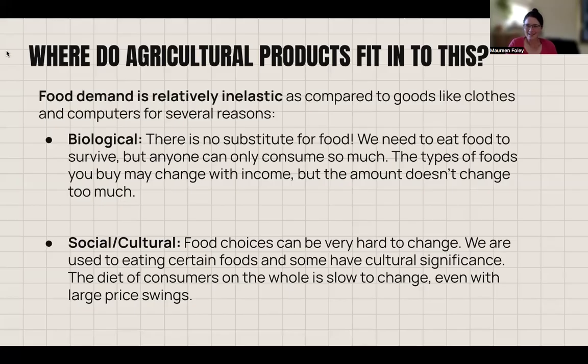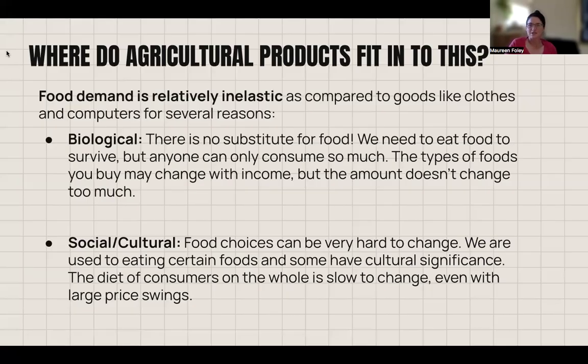It's not an easy thing to change your food choices. We're used to eating certain foods. Some have cultural significance or emotional significance or lifestyle significance. Humans are creatures of habit. We like what we like, and it's hard to change that. So on the whole, consumers' diets are pretty slow to change.